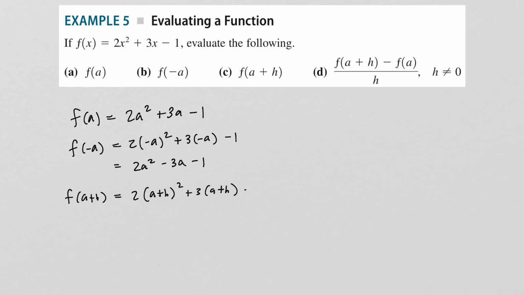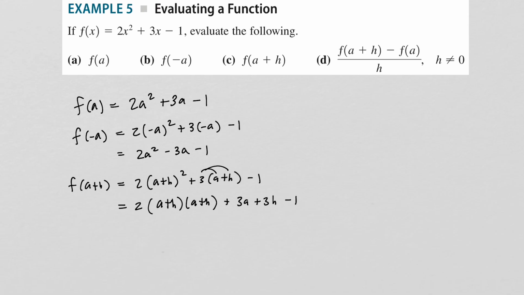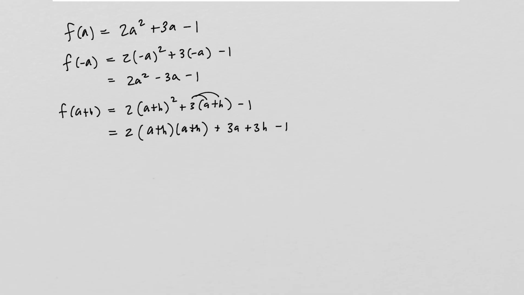And when I plug in a plus h for x, I need to make sure I put parentheses around it. And now let's just simplify this. This will be 2 times a plus h times a plus h plus 3 times a and 3 times h will be 3a plus 3h minus 1. Now we need to multiply this out, so we're going to FOIL here a little bit.